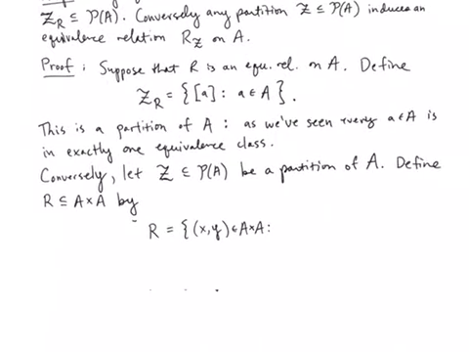Okay, so we'll just say that x and y are in this relation set if there exists a capital X in Z, such that little x is in capital X and y is in capital X. And maybe I'll write our logical and symbol.